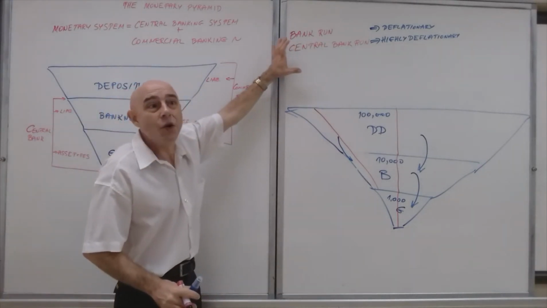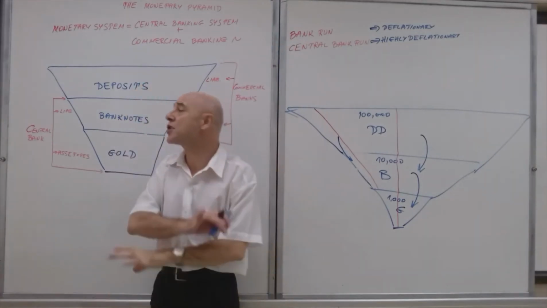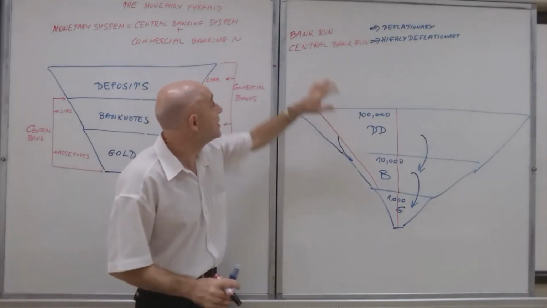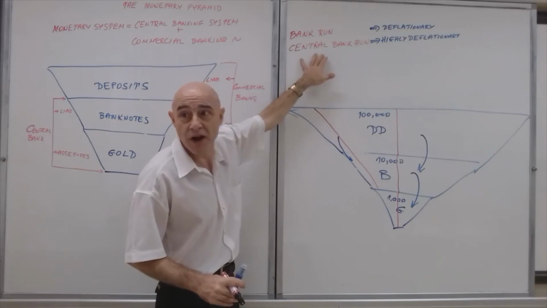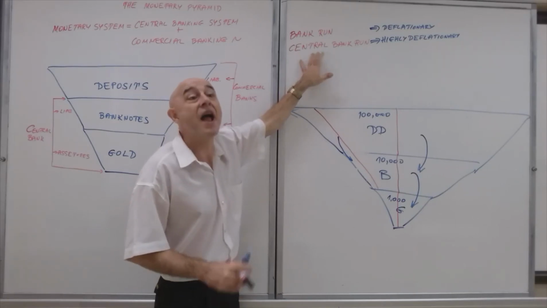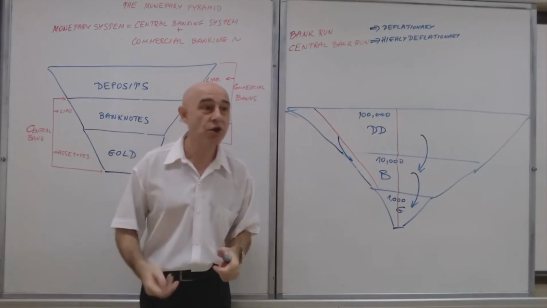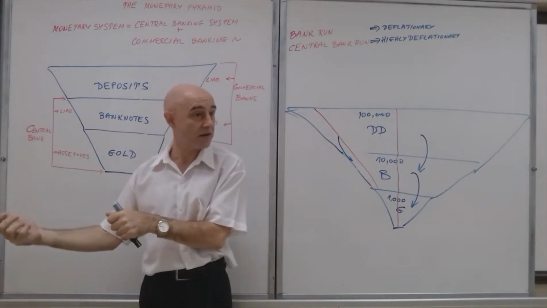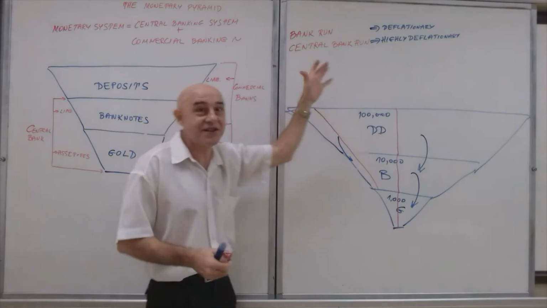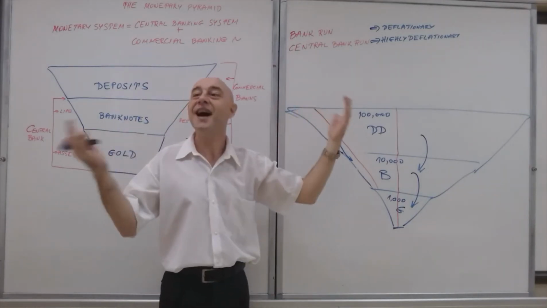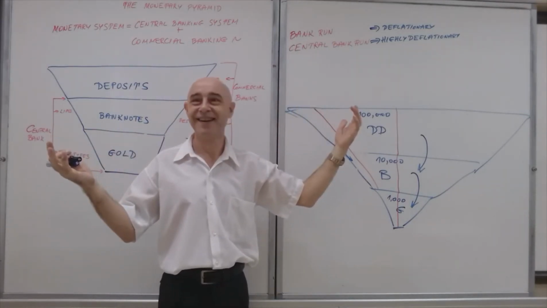All governments in the world are desperate under any circumstances to avoid a central bank run. Usually they do it by law. They say, it is impossible. You cannot do it. You try to do it, you go to jail. Or they'll just easily shut down the central bank. All right?